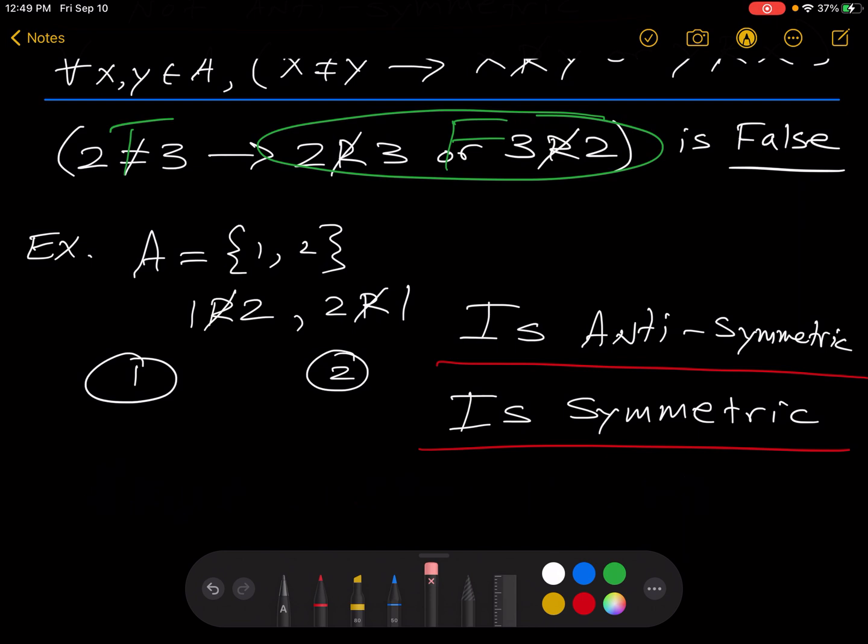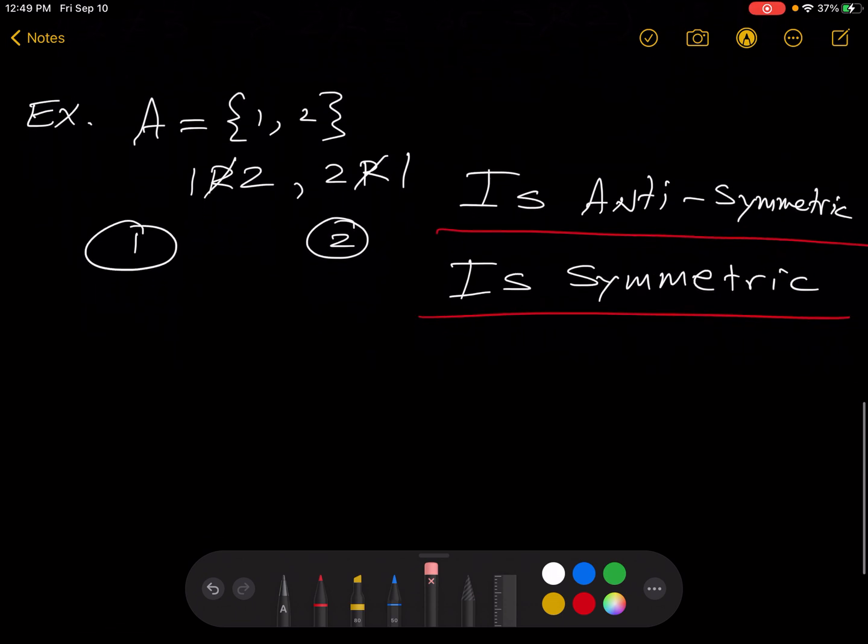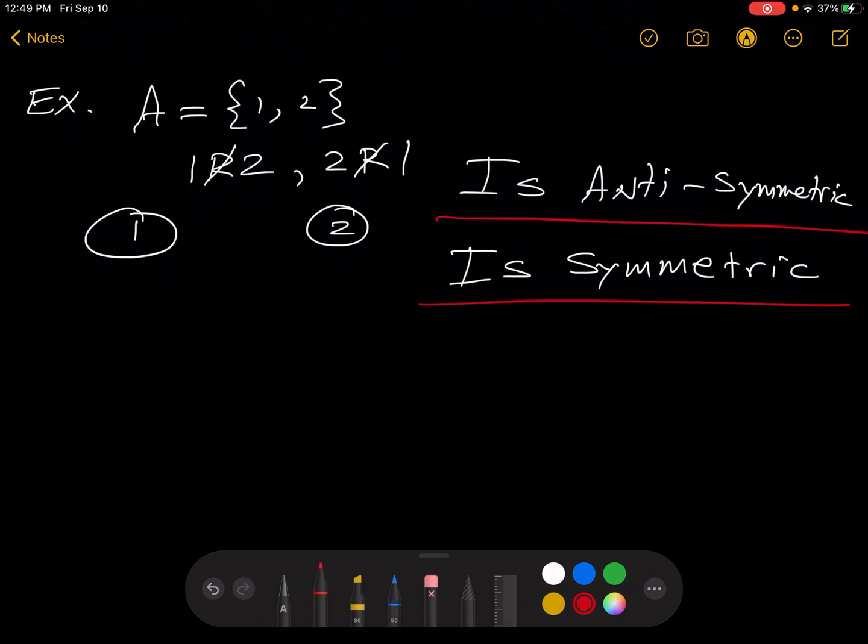So what I'm trying to show you here in these three examples is that the common misconception that students make is wrong. It is false.